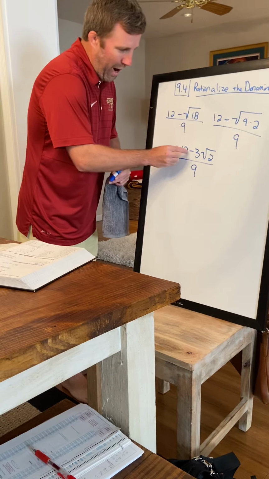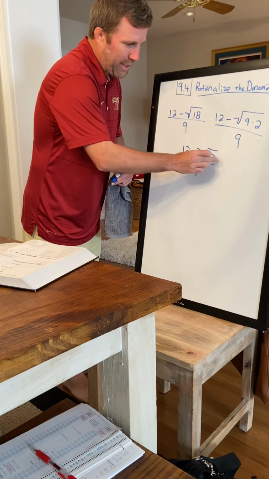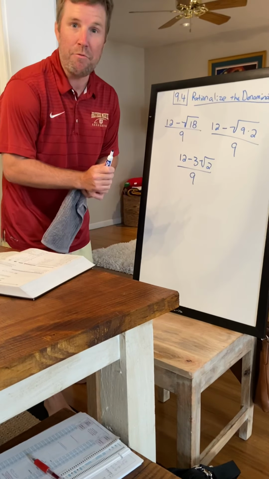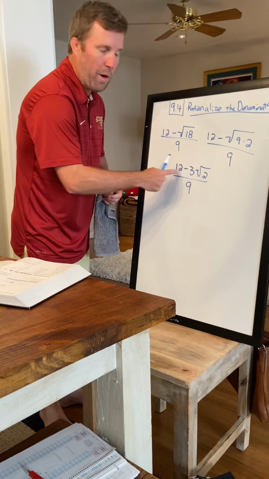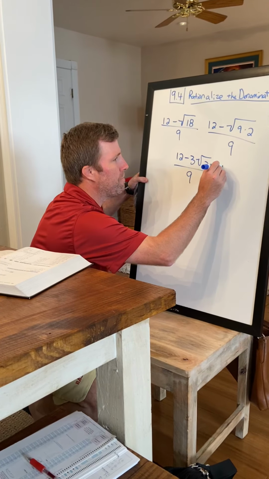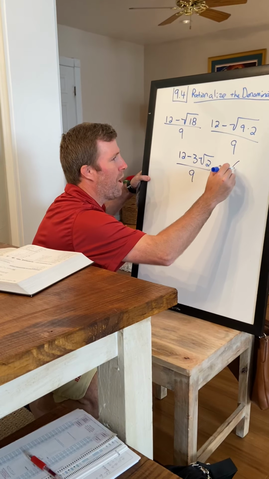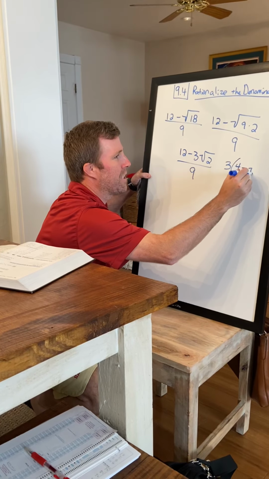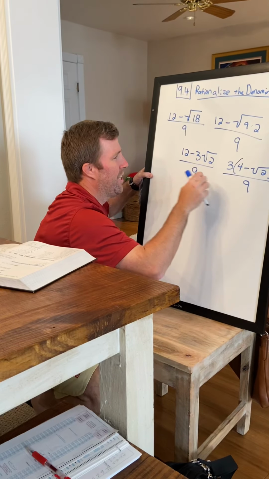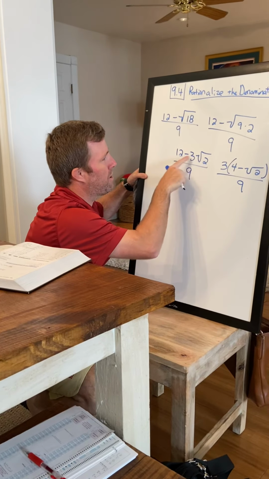And guys, 12 minus 3 times the square root of 2, it's two terms. I have a common factor. 3 can go into both of these. So I have to factor out a 3, which leaves me with 4 minus the square root of 2 over 9.